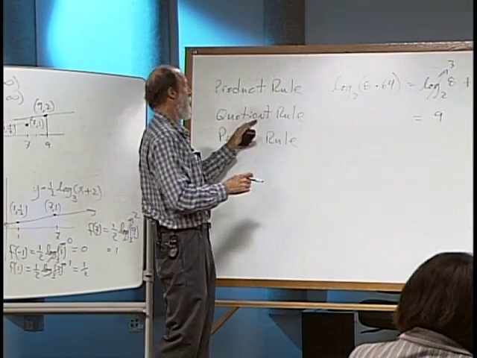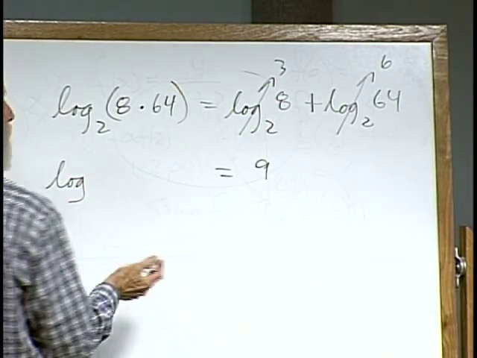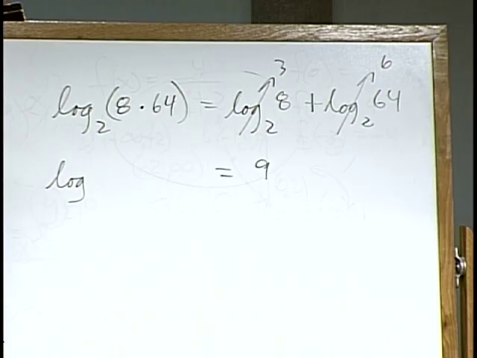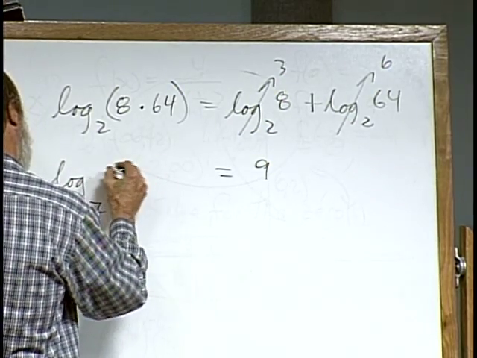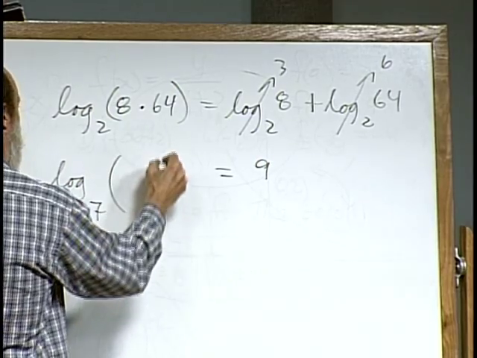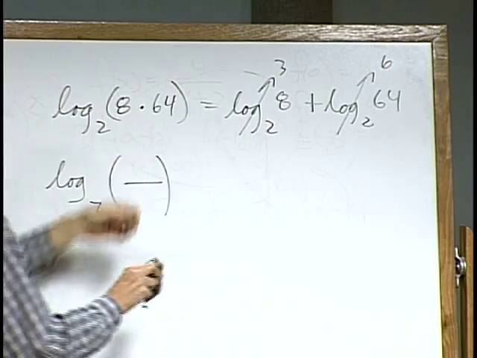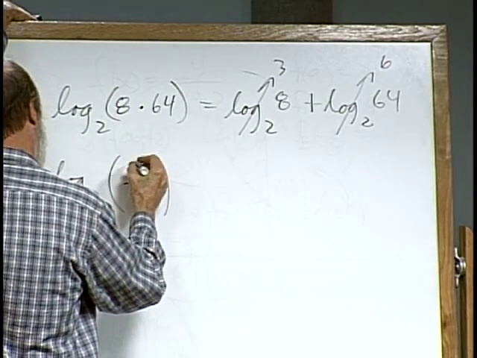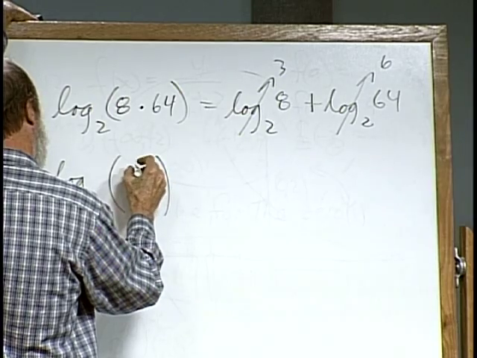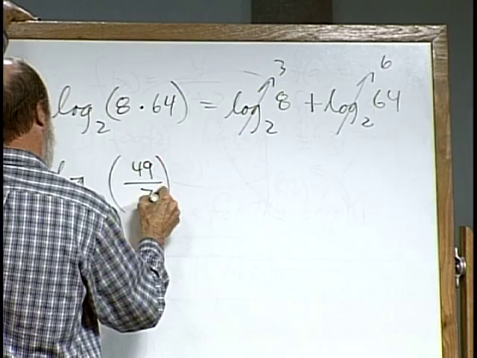Okay, let's look at the quotient rule. Somebody give me a different base. 7. The log of a quotient, in other words, a ratio. Let's keep it simple, 49 and 7.